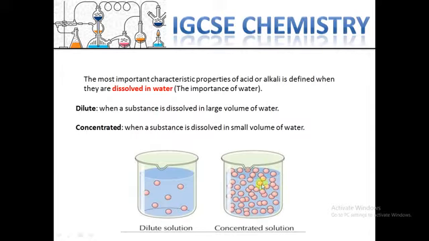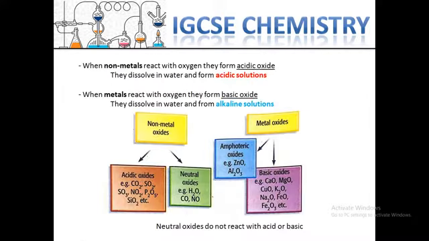Here your substance compared to water is almost equal, so your substance is concentrated. But here, in comparison between your substance and water, water is a very large volume, large amount. Okay, these are the two definitions.